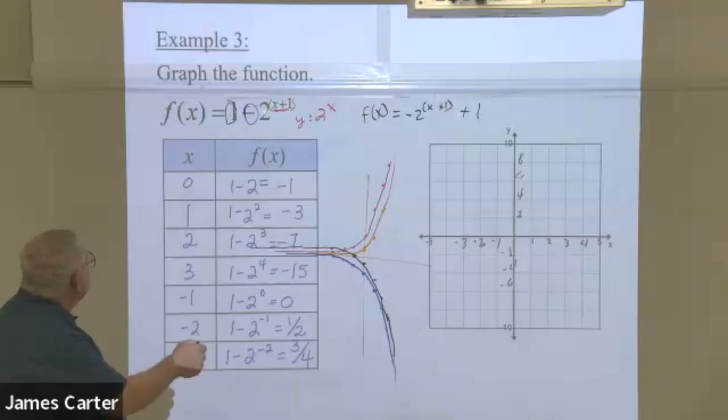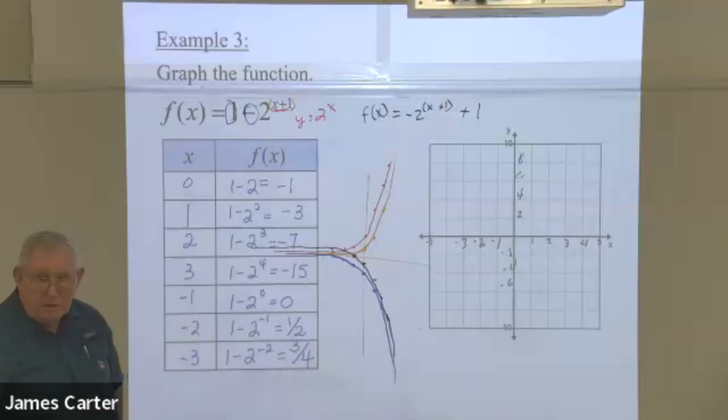Okay, 2 to the first is 2, makes it -2, and 1 minus 2 is -1. That's how they got all of these. Like I say, it's kind of a pain. Anyway, they got these, so let's see, 0, -1.